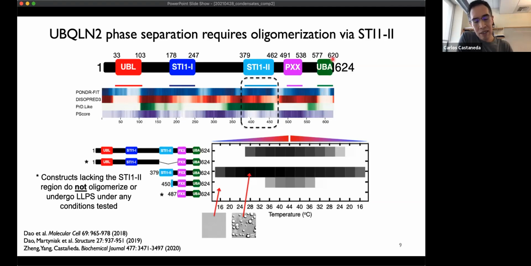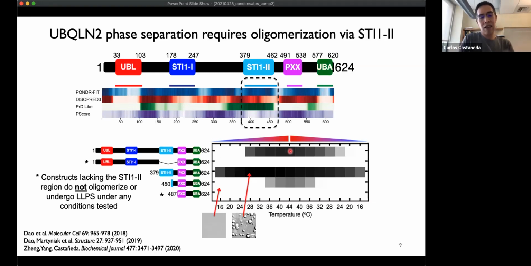So I'm depicting the domain architecture again of ubiquilin, also highlighting two disorder predictors as well as a prion-like prediction algorithm, and highlighting for you that STI region over here, so you can see how it has even some prion-like characteristics, and how this middle part of the protein is largely disordered, with the exception, of course, of the folded UBL and ubiquitin-associating domains.